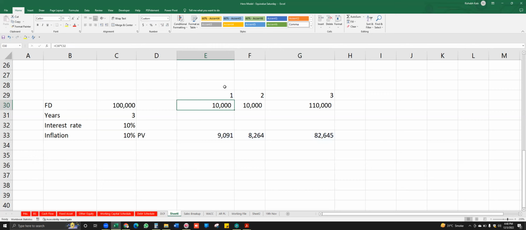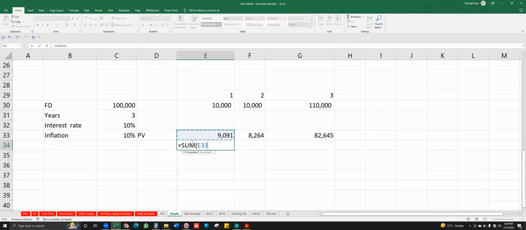So 10,000 earned after 1 year, its value today will be 9,000. 10,000 earned 2 years down the line will be 8,000 in today's sense, and getting 1,10,000 after 3 years, its value today will be 82,645. So when I sum this, what I get is 100,000 again. I get this 100,000. What is this?